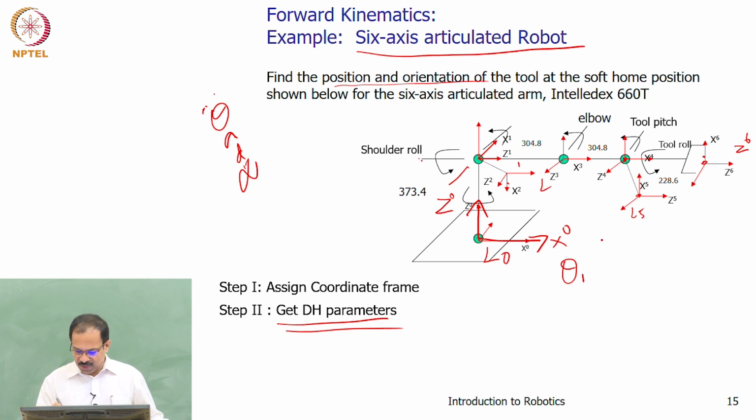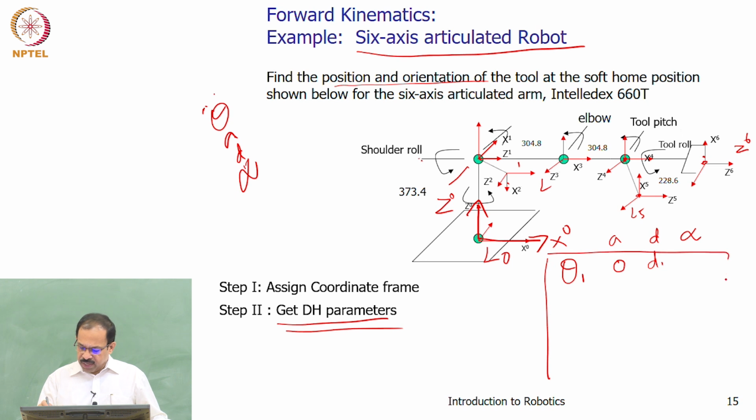A1 will be 0. So A will be 0, D will be this D1, which is 373.4, and alpha is Z0 to Z1. There is a 90-degree rotation. You have to look with respect to x1 at what the rotation is, and then you will be able to get alpha. This way you will be able to get all the parameters.